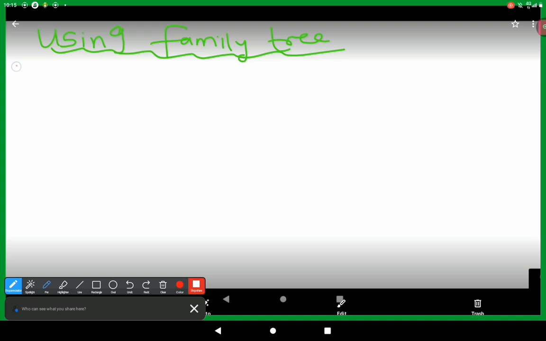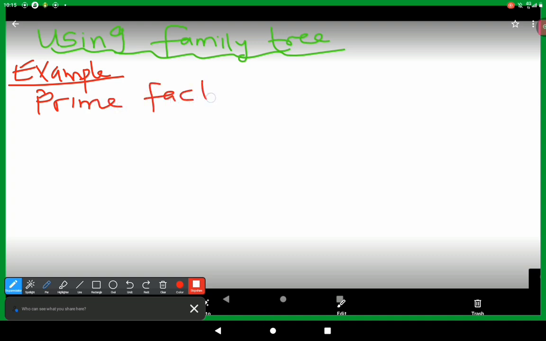Let's say for instance, example. What are the prime factors of 210?